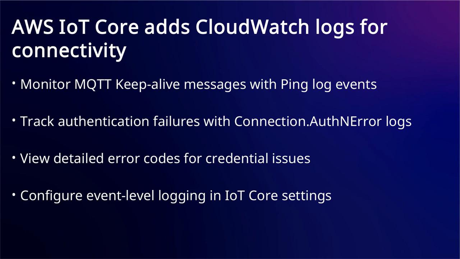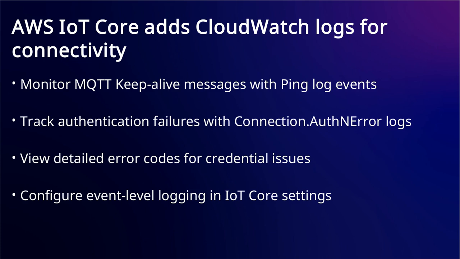When managing IoT device fleets, you need visibility into connectivity problems and authentication failures to maintain reliable operations. Without detailed logging, diagnosing why devices disconnect or fail to authenticate requires time-consuming investigation. AWS IoT Core now provides two CloudWatch log event types to address these challenges.